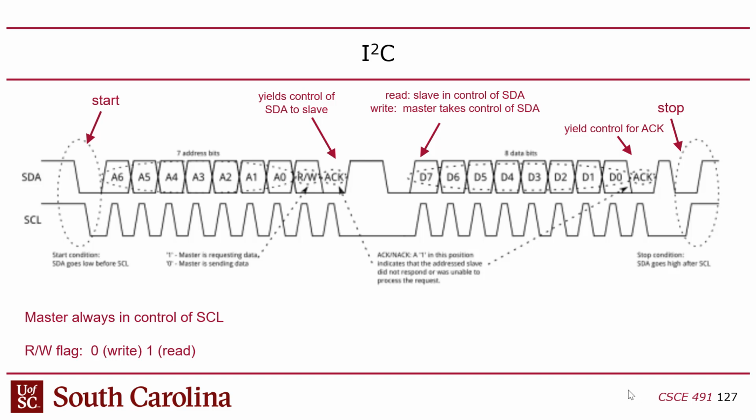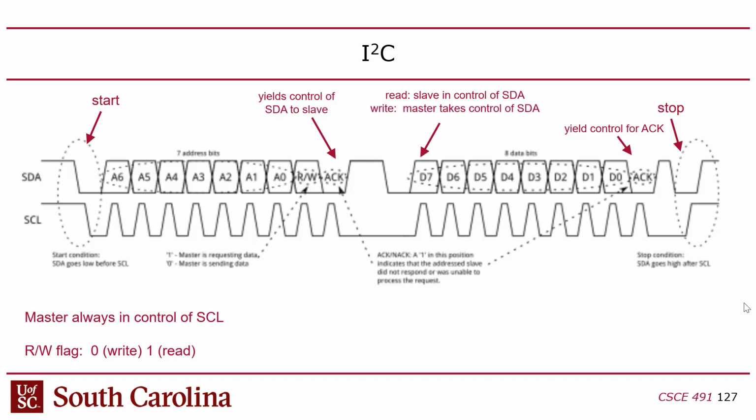It's not normal, but if the slave wants to have the master cool its jets a little bit, it can hold the clock low, because anyone can hold it low. It takes everyone cooperating for that to go high because everyone's got to release. But if anyone pulls it down, then the whole bus goes down, the whole wire goes down, right? But I usually don't talk about clock stretching in here.